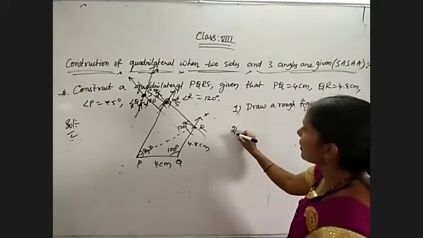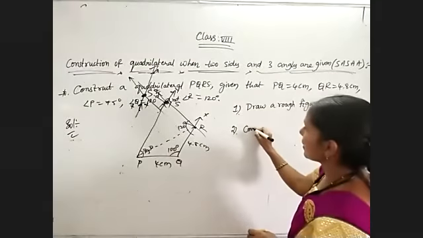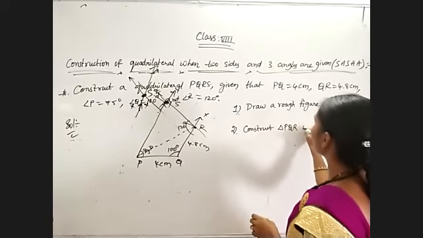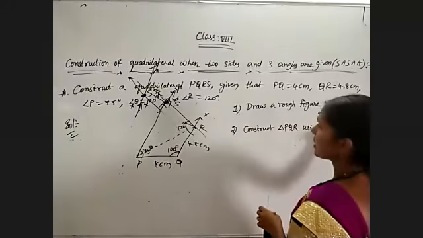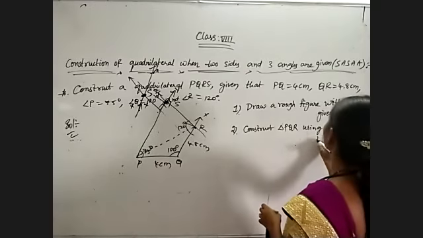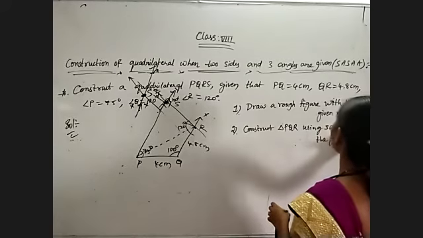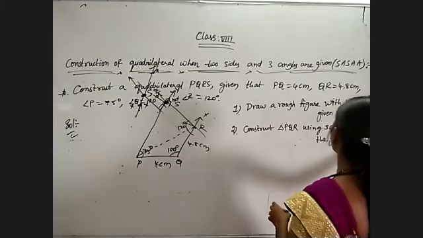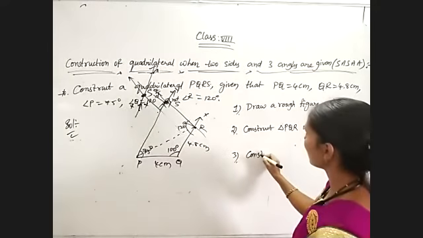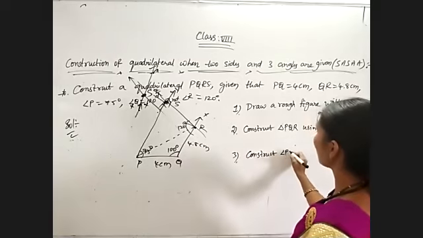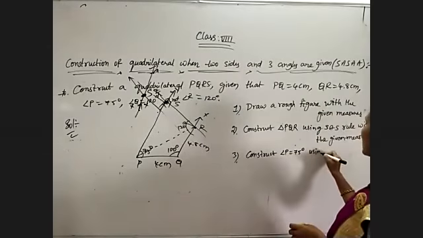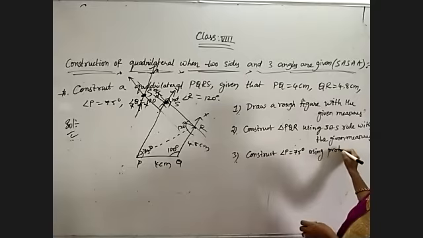And secondly, construct triangle PQR using SAS rule with the given measurements. And after constructing the triangle, construct angle P equal to 75 degrees using protractor.